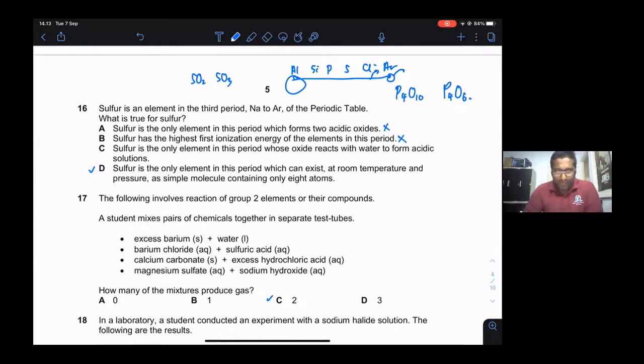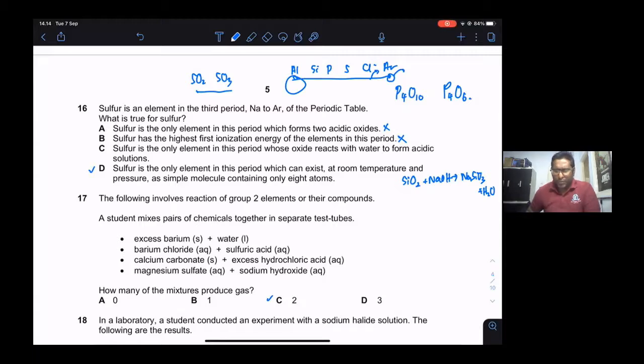No. Now, sulfur is the only element in this period whose oxide reacts with water to form an acidic solution. Wrong. Sulfur, yes, will give you an acidic solution, but not only that. Silicon oxide can react with sodium hydroxide. They will give you Na2SiO3 and water.